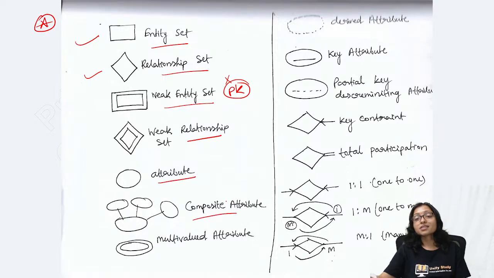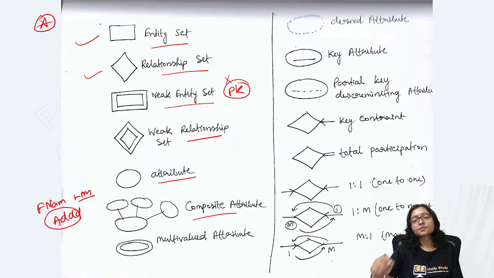Composite attribute: what is it? A combination of multiple attributes. So composite attribute means here we can combine last name and first name, or for address, you can take city, state, street number separately, then you can combine. That is an example of a composite attribute.